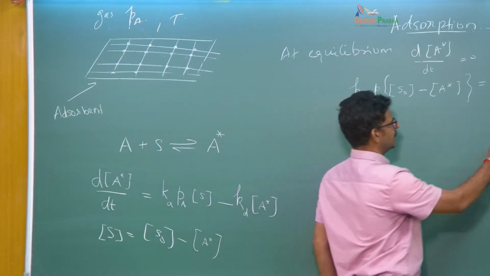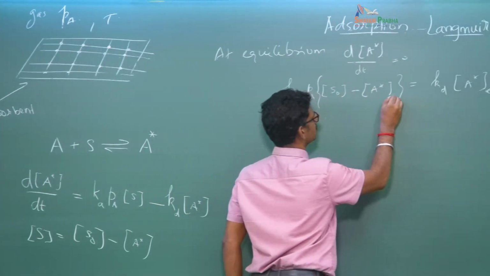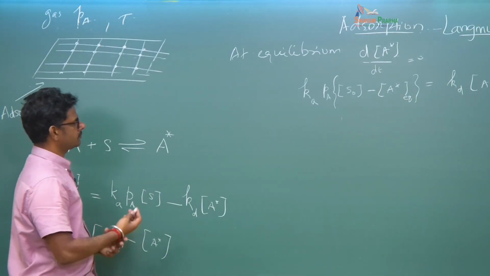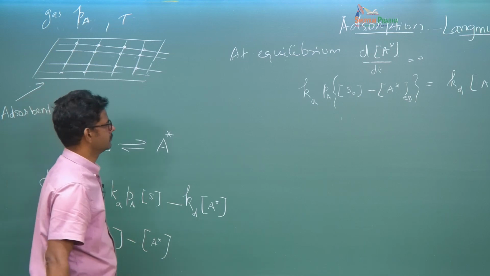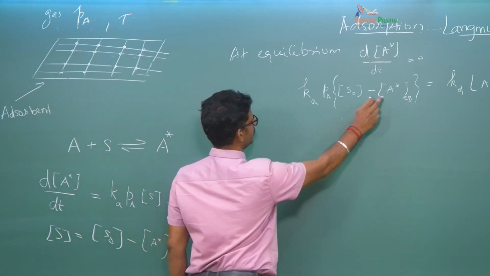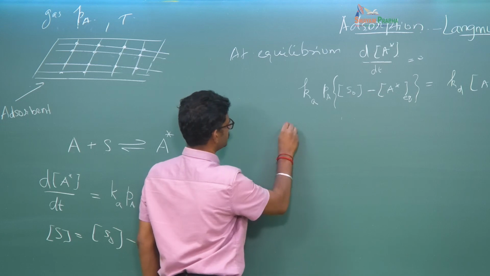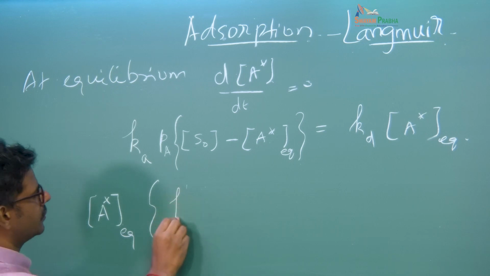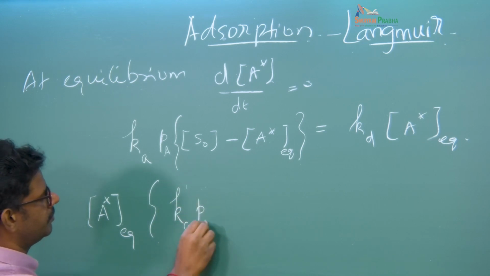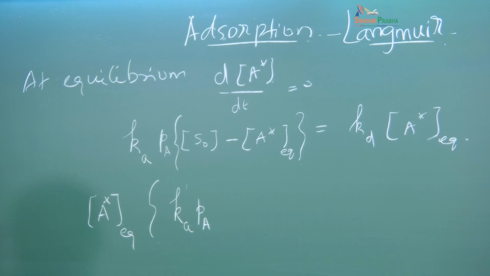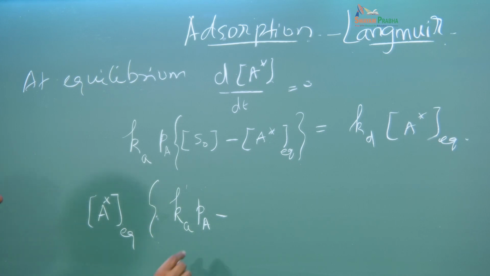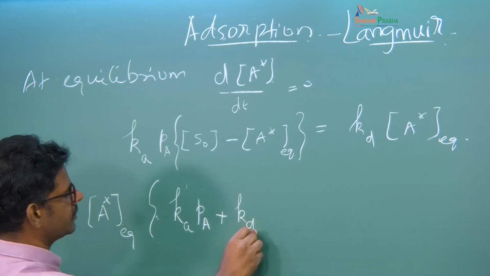And we say this is at equilibrium. So now you can solve for A star. A star at equilibrium is equal to Ka Pa, plus Kd.